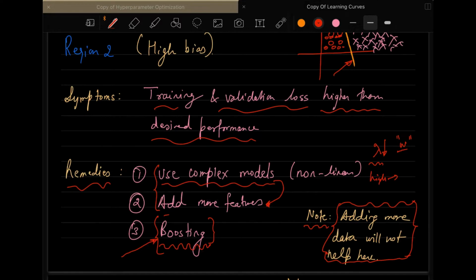So at each step we were adding complexity to the model, and then we were checking our training and validation loss, and we found that at a certain point the optimal validation and training loss will be achieved. That will help you in moving from high bias to a low bias and low variance model. We have discussed boosting in great detail in our earlier lectures. Okay. If you have any other questions, please let me know.